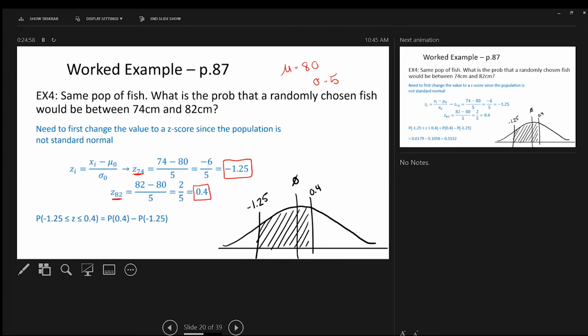Because we're asking for the probability between the two of them, we need to subtract the probability of the smaller number from the probability of the bigger number. Because remember, the probability of negative 1.25 is right here. That's what this is. But we don't want that. We want the area between these two numbers.